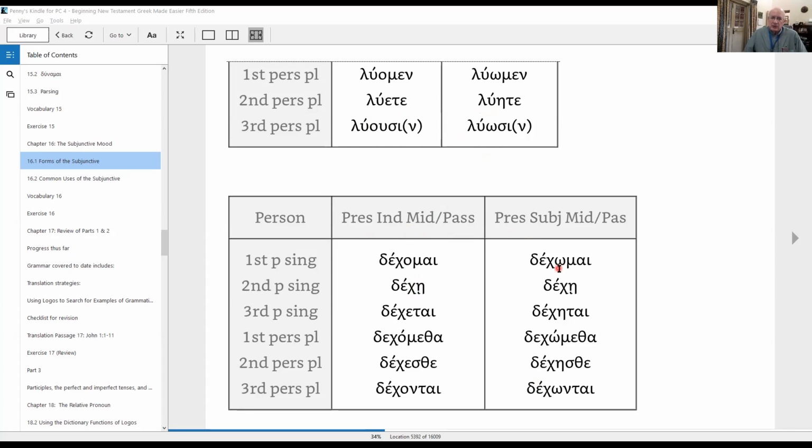And notice here there's no confusion because the middle and passive endings, omai, e, etai, ometha, esthe, ontai, all lengthen to omai, e, etai, ometha, esthe, ontai. So they're easy. There's really not a whole lot of difference. It's just that this initial vowel in each case lengthens.